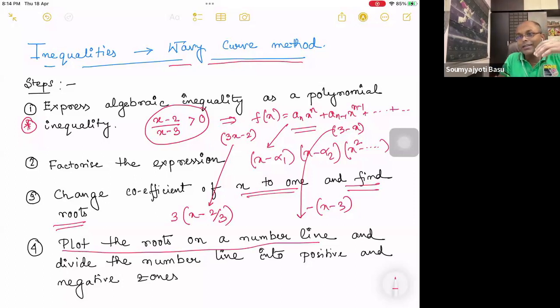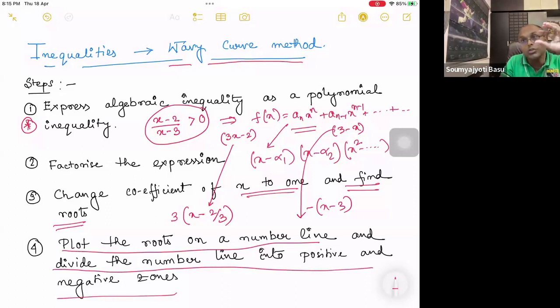If you remember the previous class where you drew the cubic function, you had seen that the roots occupied certain positions on the x-axis where the curve intersected the x-axis, and the function fluctuated between positive and negative depending on that root. So plot the roots on a number line and, based on that, divide the number line into positive and negative zones. Those zones would give you the solution to the inequality.